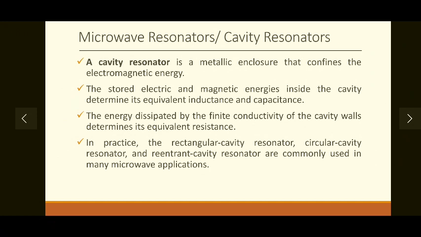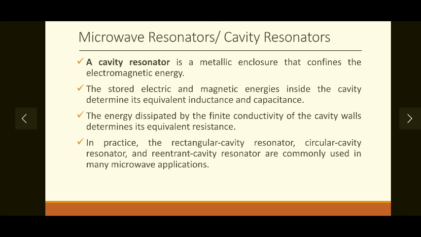That body is nothing but our cavity, and the electromagnetic energy stored inside it will be at the maximum possible value, and this happens only at a particular frequency. At other frequencies the energy may not be maximum.